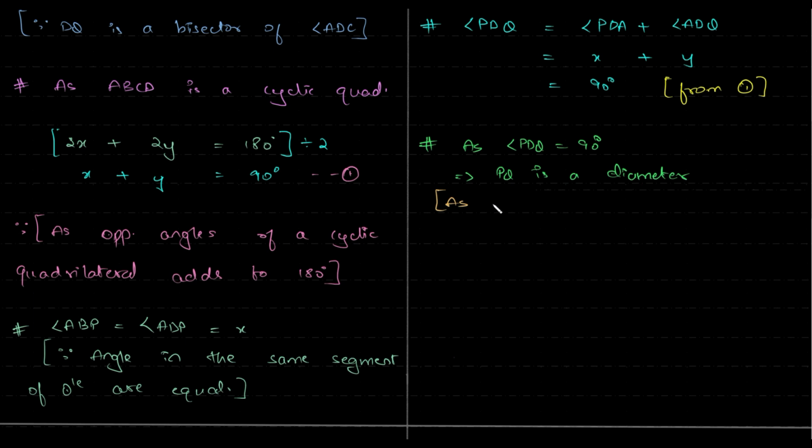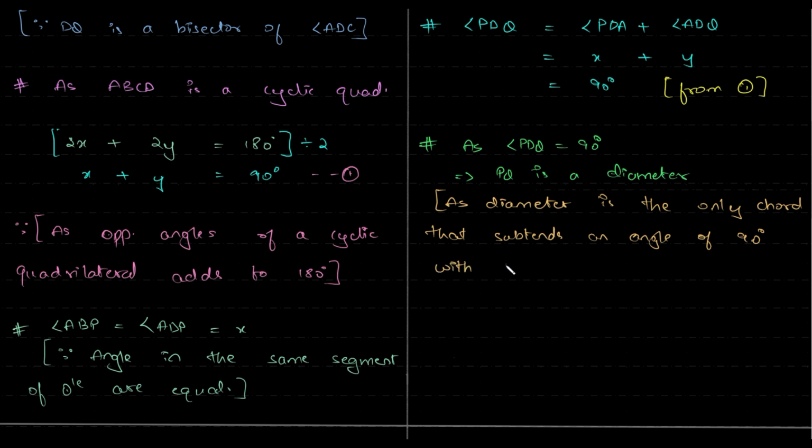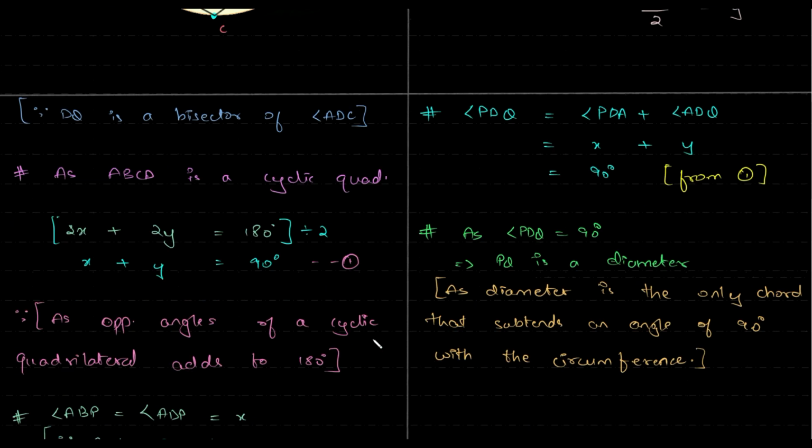As diameter is the only chord that subtends an angle of 90 degrees with the circumference. Right? So this is your answer, hence proved.